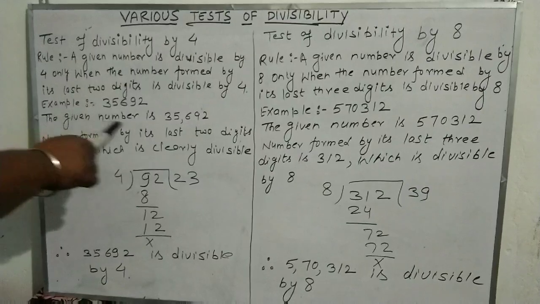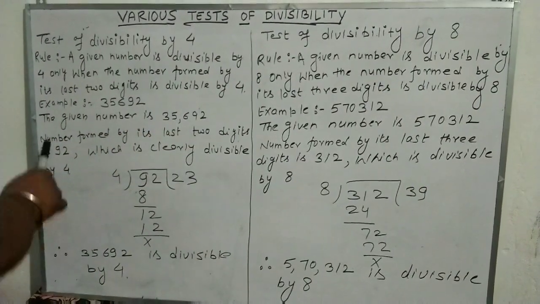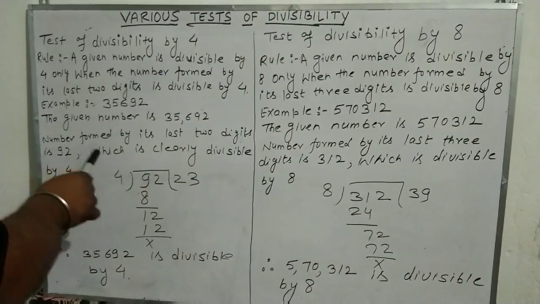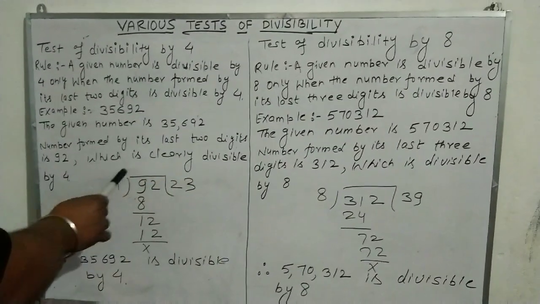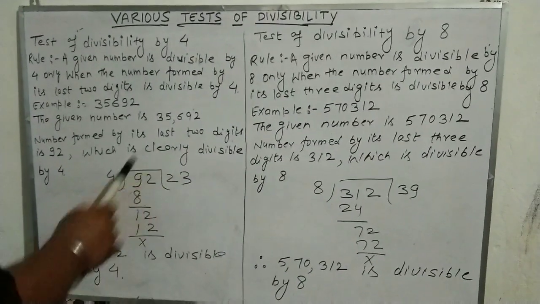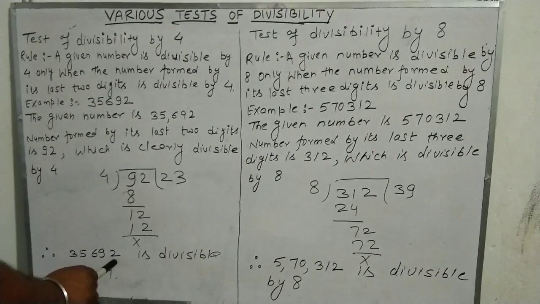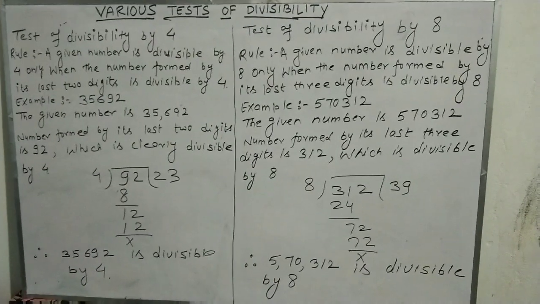The number formed by its last two digits is 92, which is clearly divisible by 4. Therefore, 35,692 is also divisible by 4.